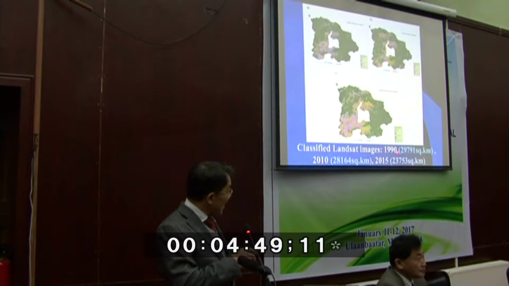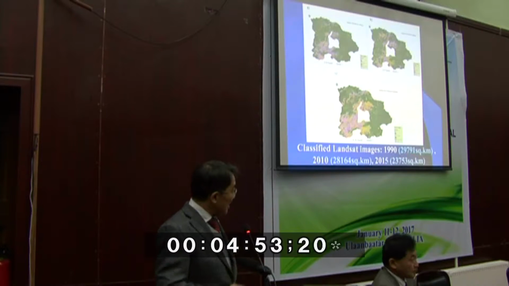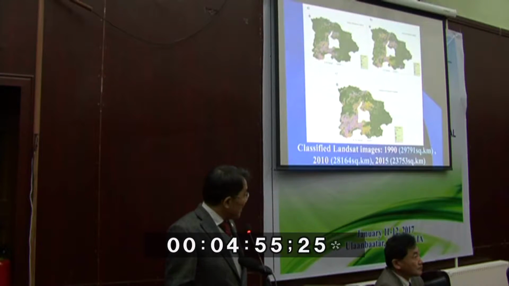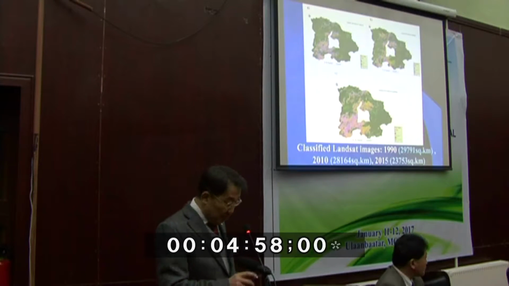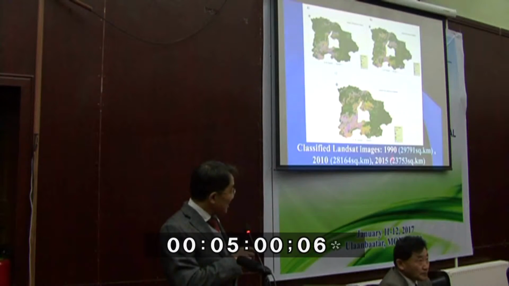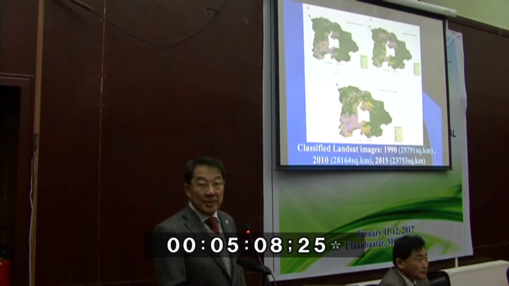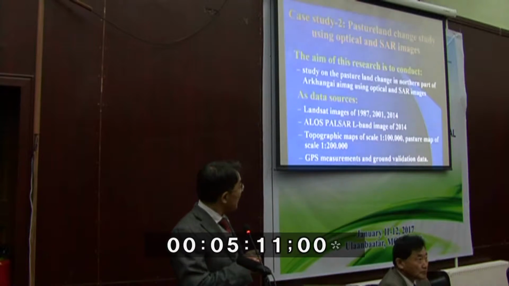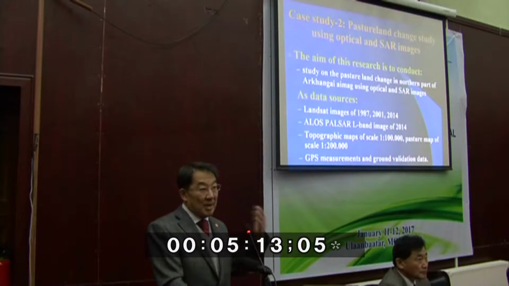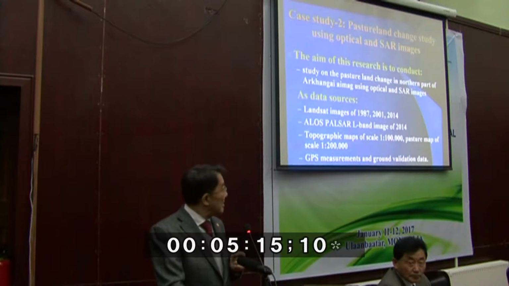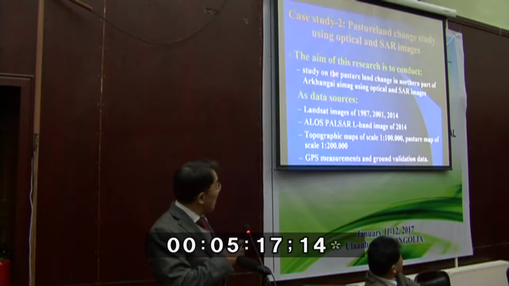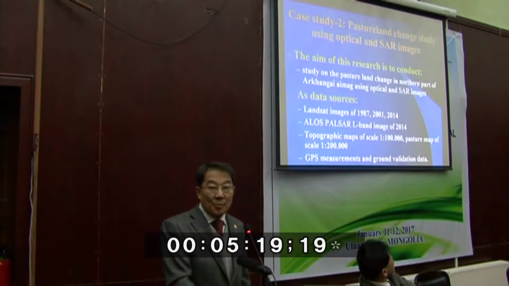For instance, in 1990, forest occupied 29,791 square kilometers. Meanwhile, in 2015, the cover decreased to 23,753 square kilometers.